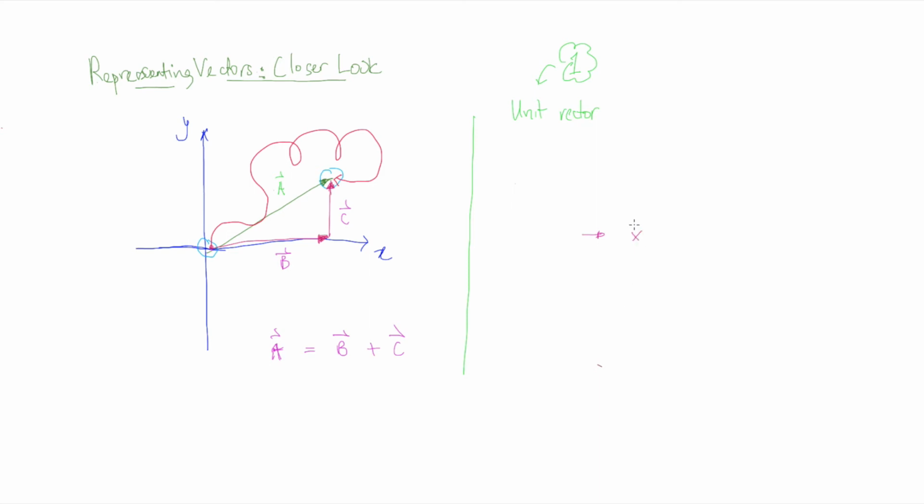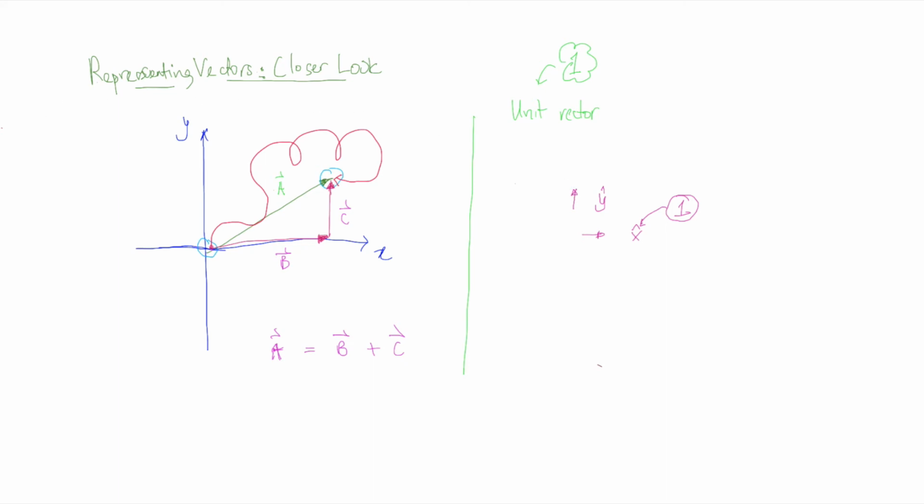But instead of writing an arrow on top, I'm going to make it wear a hat like that to show that it is of length 1. So that's what that hat there means. And I'm also going to create another vector which I'll call y hat, which is a unit vector, a vector of length 1 pointing in the y direction.